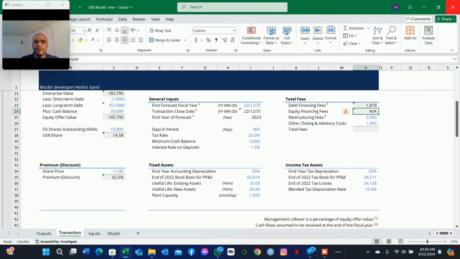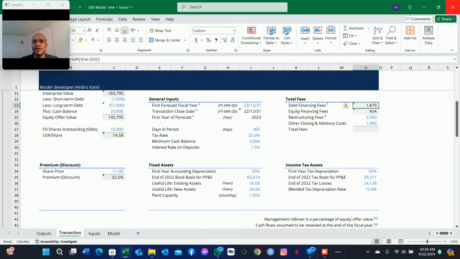For the equity financing fees, this private equity already went ahead to raise equity capital from institutional investors such as hedge funds. So we don't have any equity issuance fees as a result of this transaction.